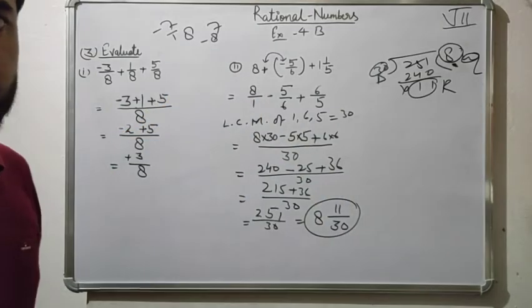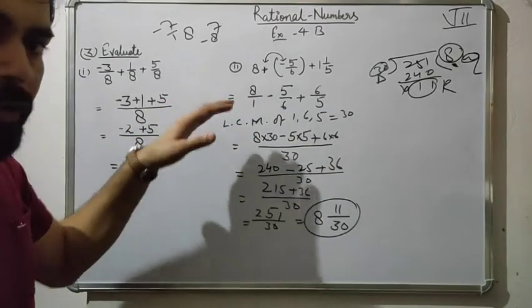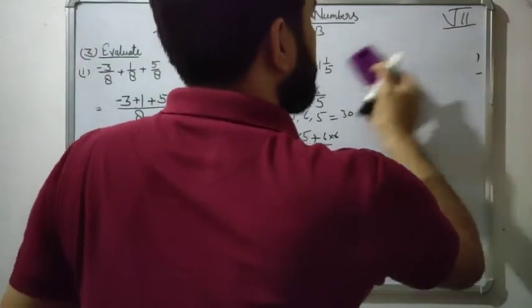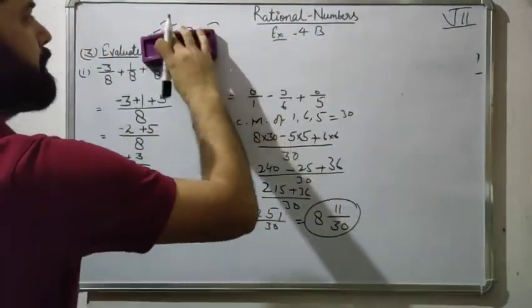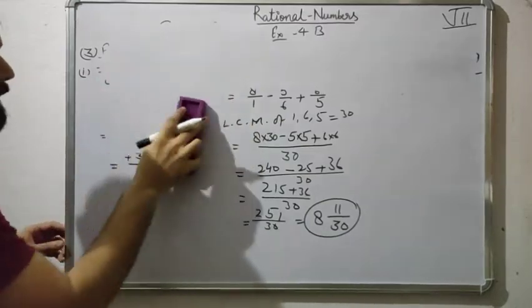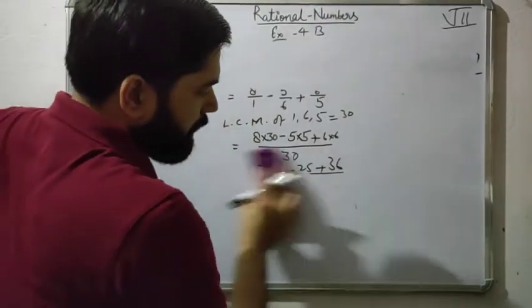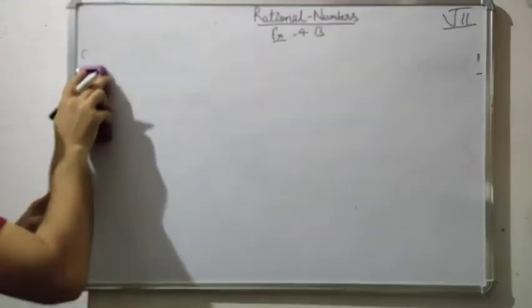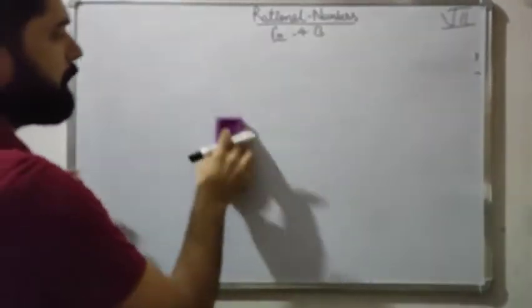Of this question. So now next, question number 4, and question number 4 is: express each of the following rational numbers as the sum of an integer and a rational number. Question number 4 is given.